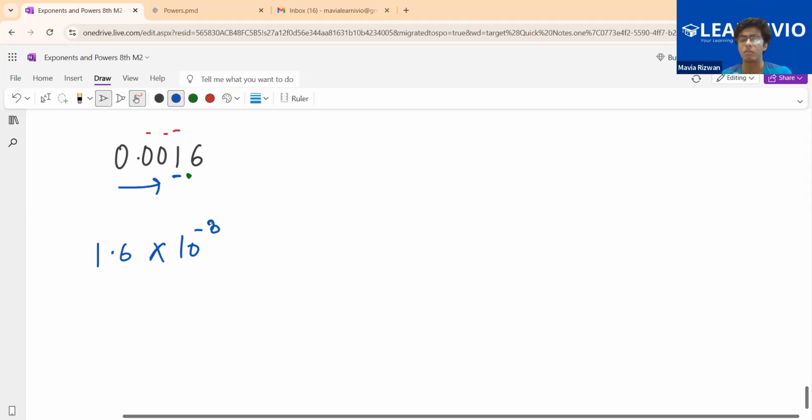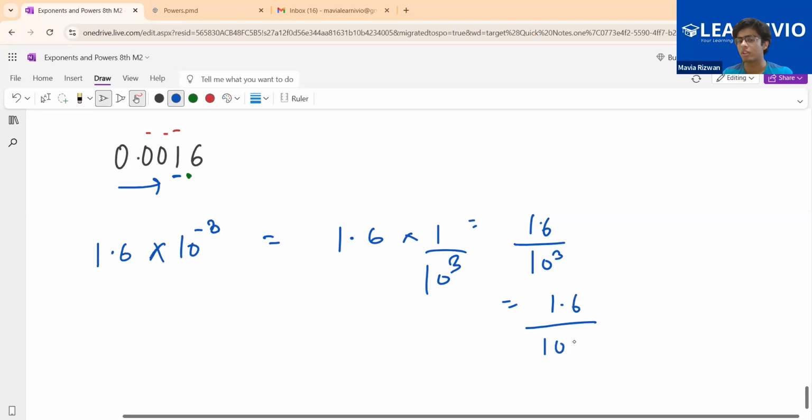Now again, sir, why is it minus 3 here? See, the reason is I can write 1.6 into 10 raised to the power minus 3 as 1.6 into 1 by 10 raised to the power 3, right? If I reciprocate, the negative sign becomes positive. This was one of the laws. Now I write this as 1.6 by 10 raised to the power 3. 10 raised to the power 3 is 10 into 10 into 10, that is 1000.